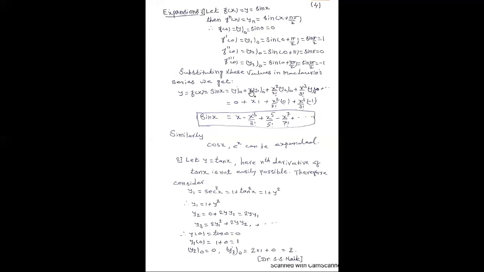So therefore, this is x into 1, which becomes x. Then y2 of 0 is equal to 0, so this term is 0. Then y3 of 0 is equal to minus 1, therefore this becomes x cube upon 3 factorial into minus 1. So this term will remain: x, and this is 0, this is 0, so the third term will remain, that is minus x to the power 3 upon 3 factorial.